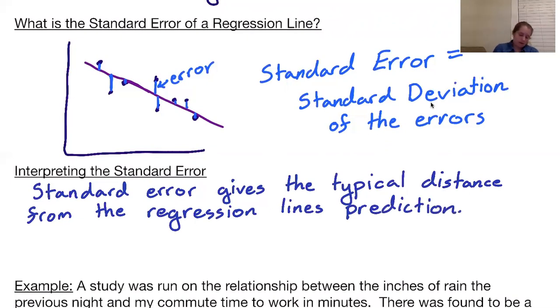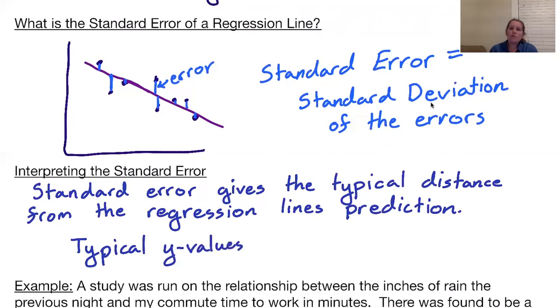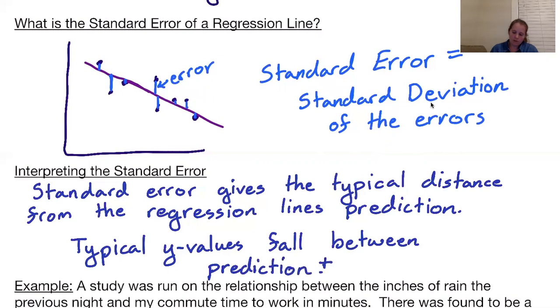So typical y values will fall in between the prediction plus or minus the standard error.